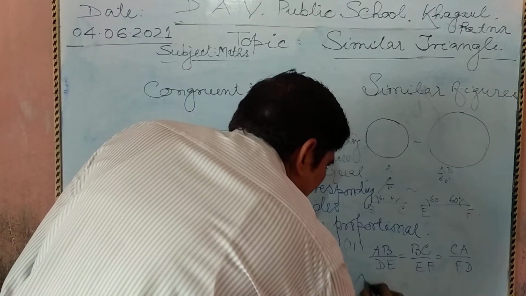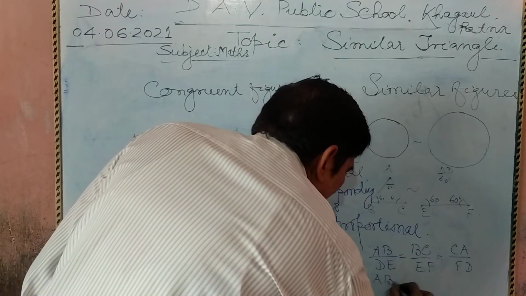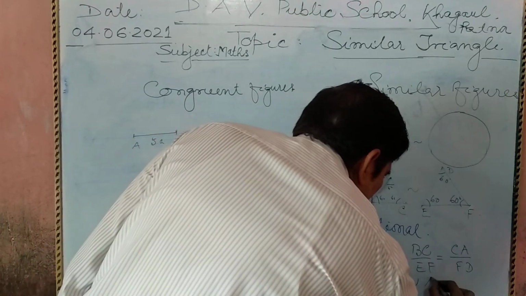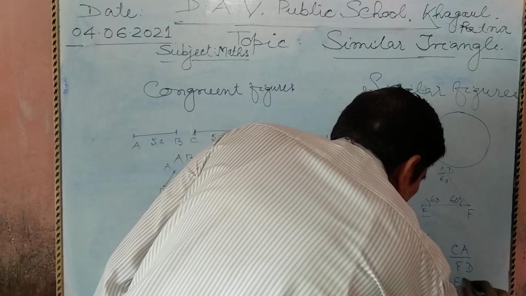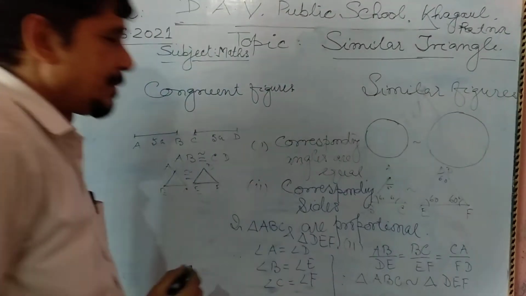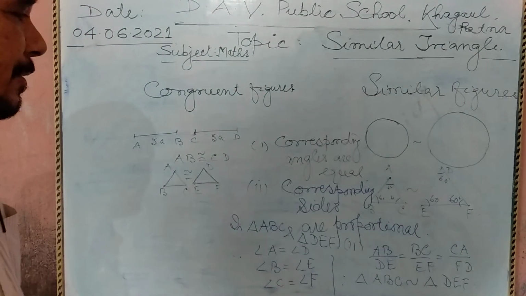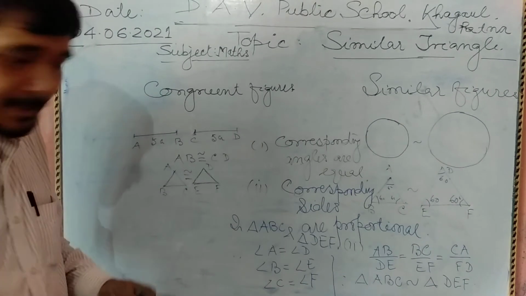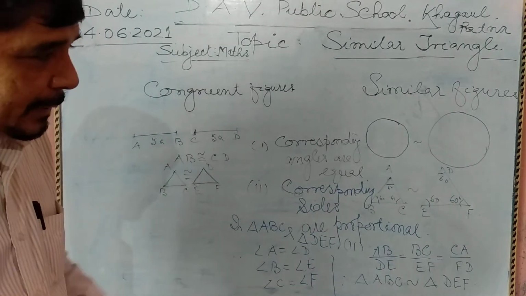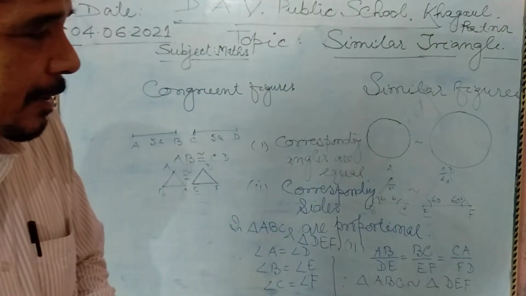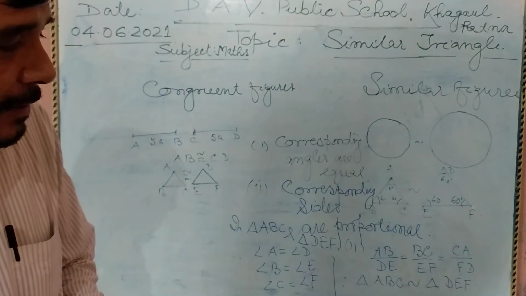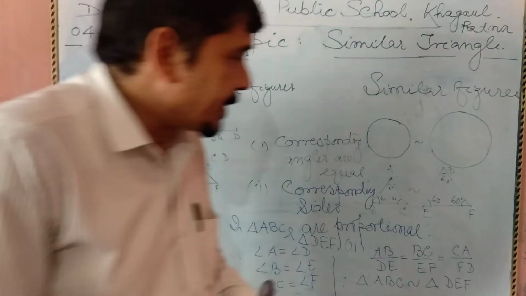Then you can say triangle ABC is similar to triangle DEF. Okay, means pairs of corresponding sides of two triangles are in the same ratio.